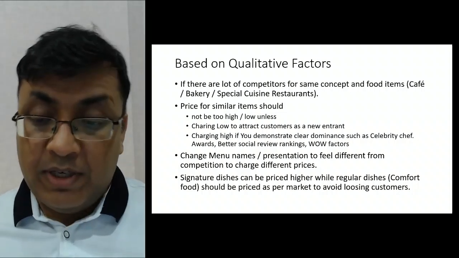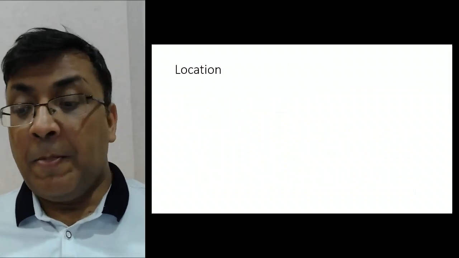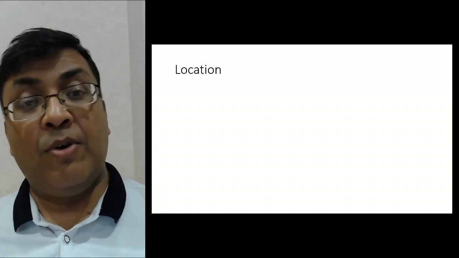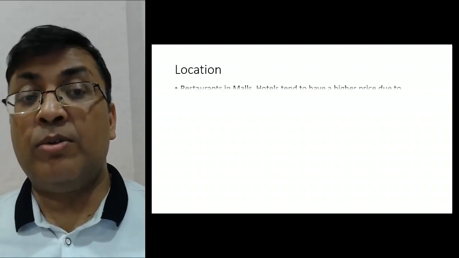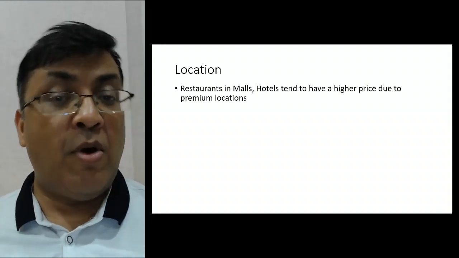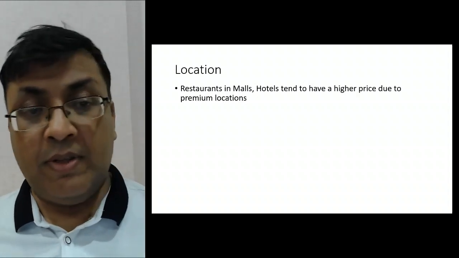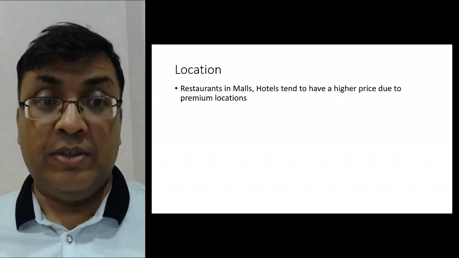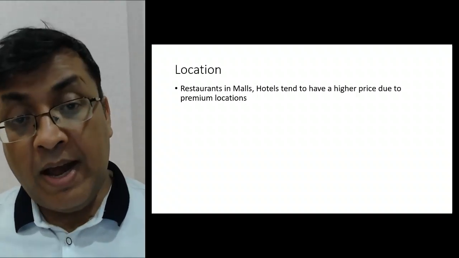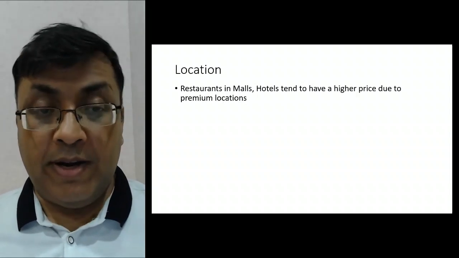Now there are location factors as well, which will impact the pricing. Location factors will impact the pricing not only from the rental point of view or investment point of view, but also from the perception point of view. For example, restaurants in malls and hotels tend to have higher prices because of the premium in the locations, and also the limited accessibility for the in-house guest or the captive guest to find alternatives.